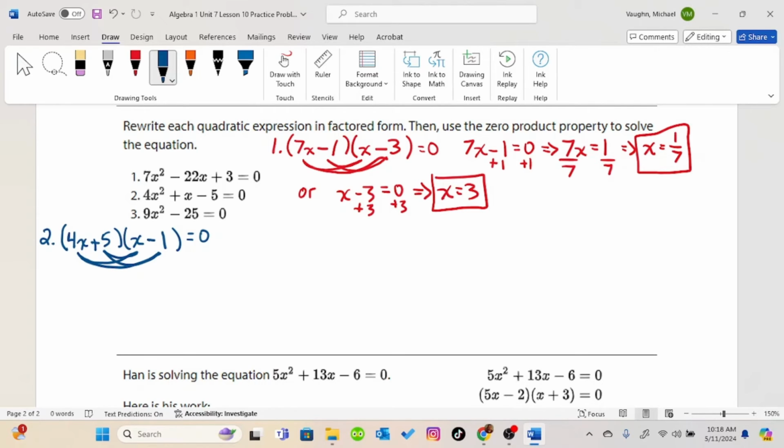Now, we set the first factor equal to 0. 4x plus 5 equals 0. We subtract 5 from both sides, and we get 4x equals negative 5. Divide both sides by 4, and we get our first answer, x equals negative 5/4.